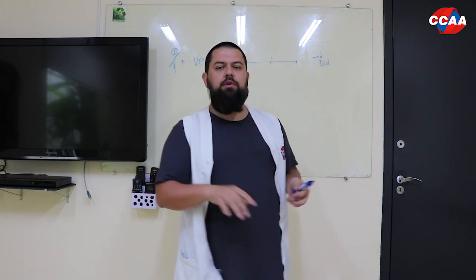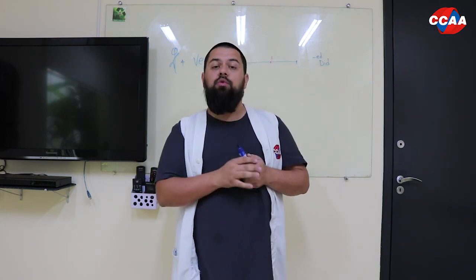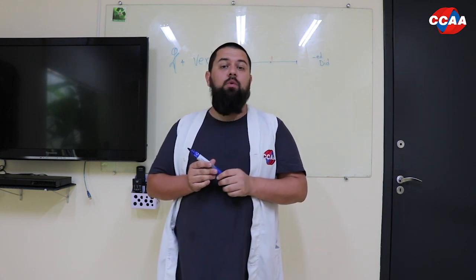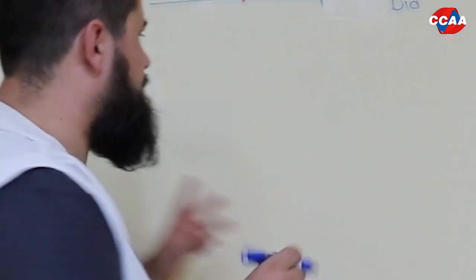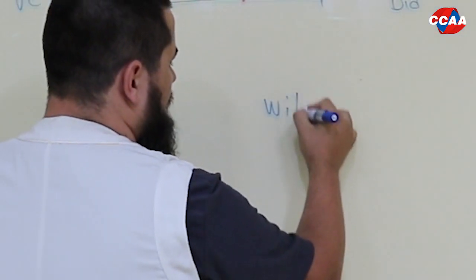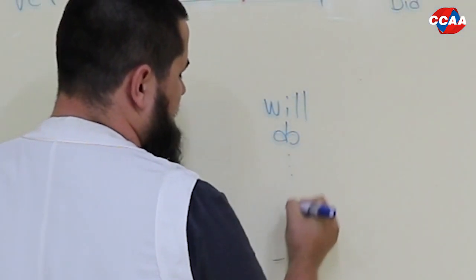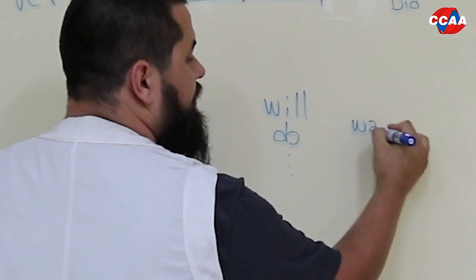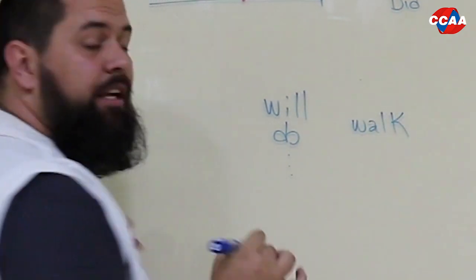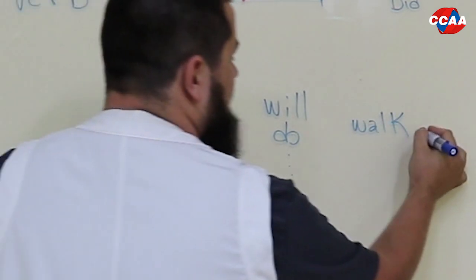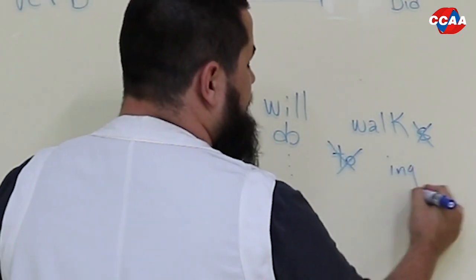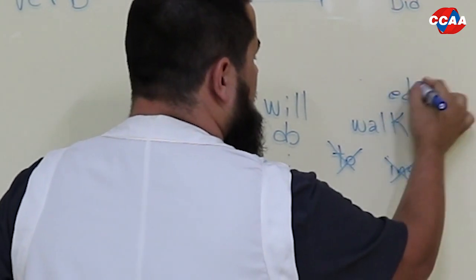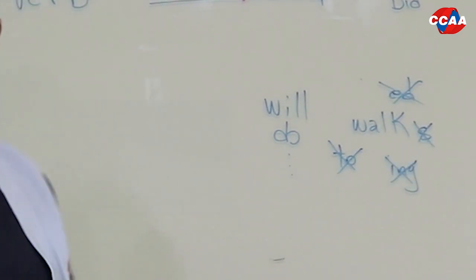But all of those other little words that help us ask questions, right? So every time you have them, so I'm going to put it here, will, do, etc. Let's imagine the verb is walk. You never add s or to or the ing or the ed form, okay?